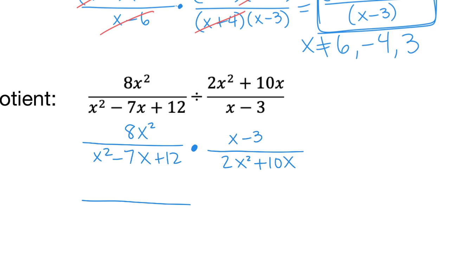It is a 2 times a 2 times a 2. And an x squared is an x times x. Now I know that seems excessive to write that all out, but it can probably do a little canceling. If you have a GCF of a 2 on bottom, those 2's could cancel. So I would write that out as much as you can.